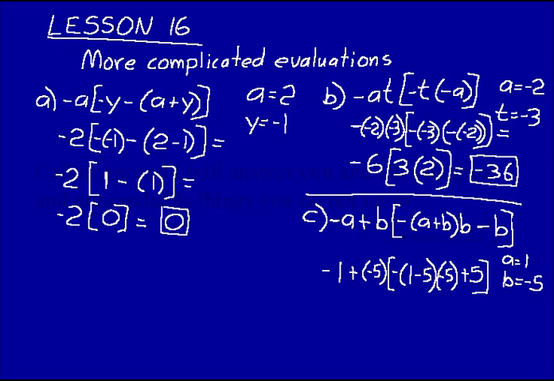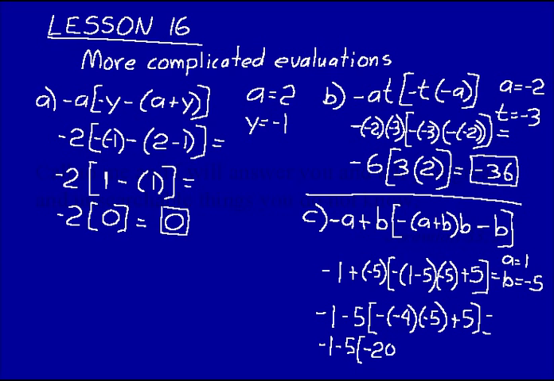Okay, let's continue on here, working the innermost set of parentheses first. -1 minus 5 bracket minus a -4 times a -5 plus 5. So then we'll have -1 minus 5, and then we see there that we have 3 negatives all multiplied together, so the answer will be negative. It will be a -20 plus 5.